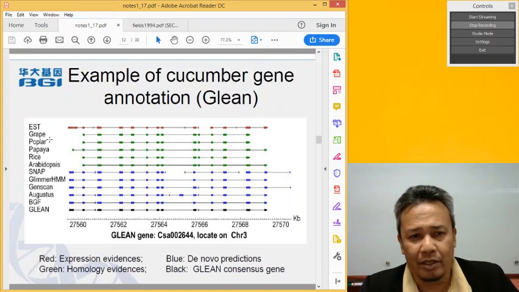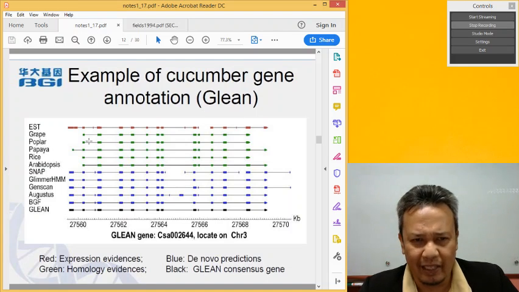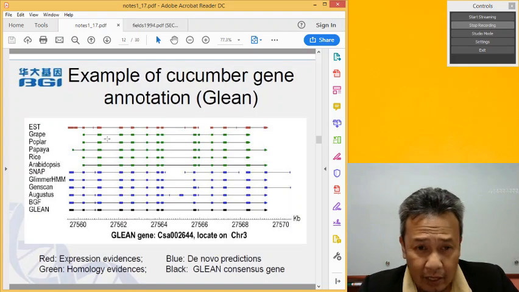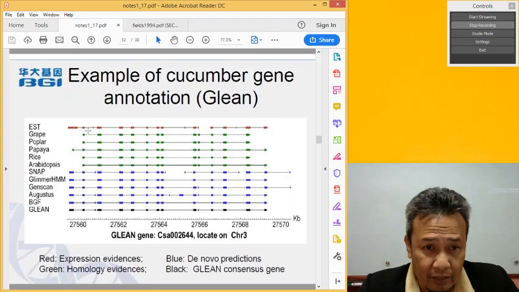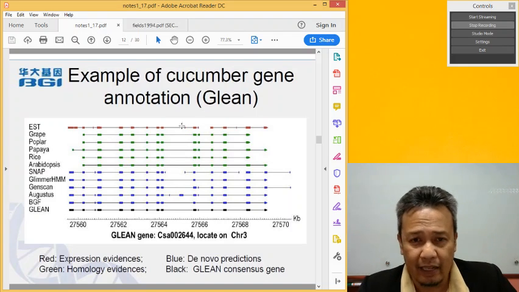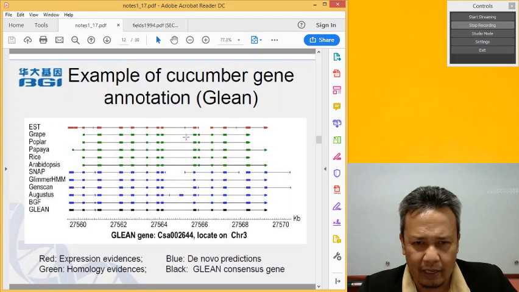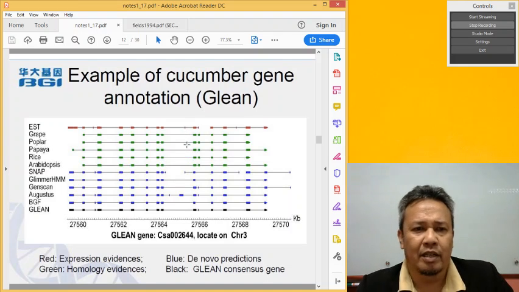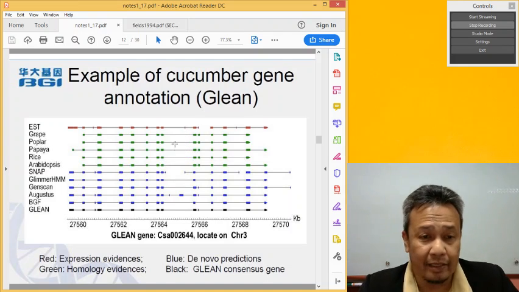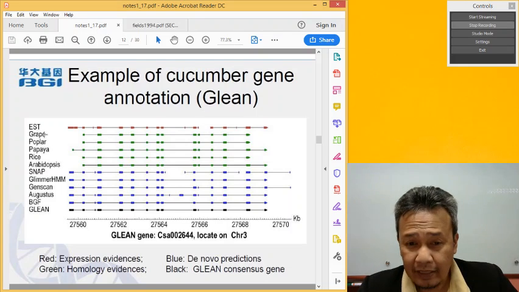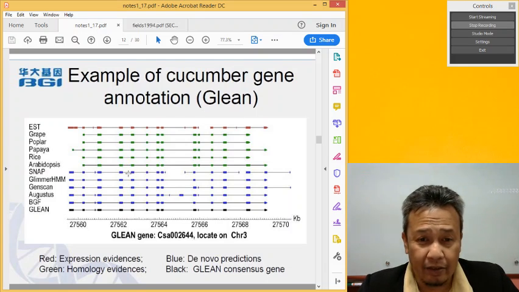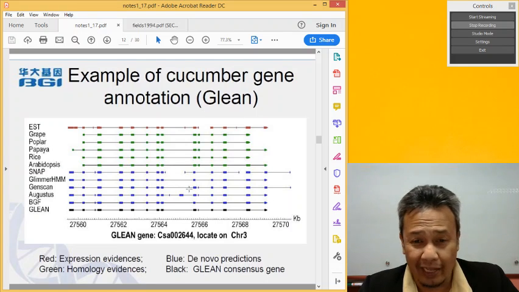This is in the plant genome: the grape, poplar, papaya, rice, and Arabidopsis, and they say that there are some similarities. Look, for example, certain regions of the ESTs do not have a match. That region, for example, does not have any homology matches against what is known in the plant genome. And then these are the results from prediction using the various different algorithms.